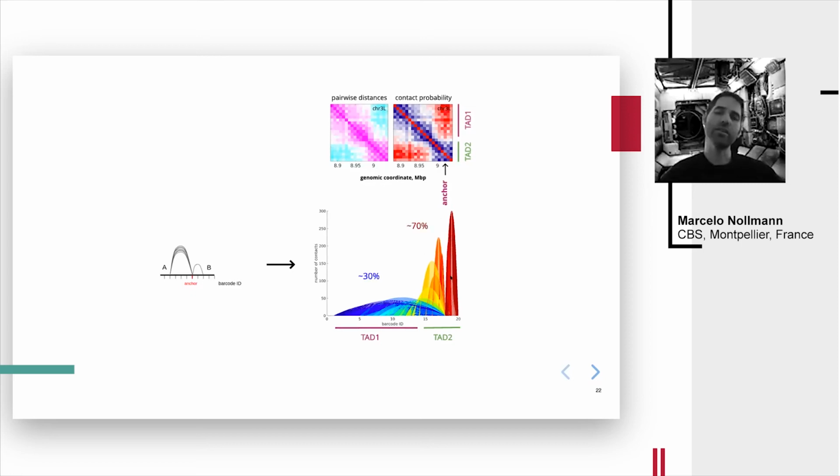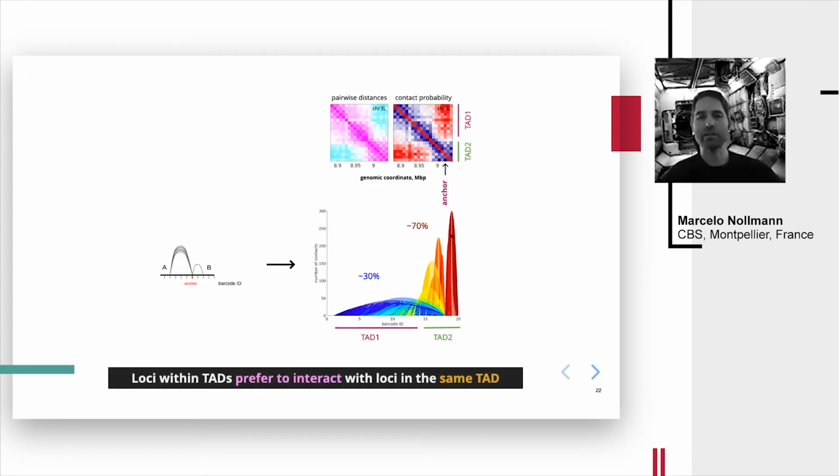And so this already is telling you that this anchor, specifically in TAT number 2, is seeing 70% of the time loci that are in TAT number 2, and only 30% of the time loci that are in TAT number 1. So, of course, this means that these loci within the TATs prefer to interact with loci in the center.